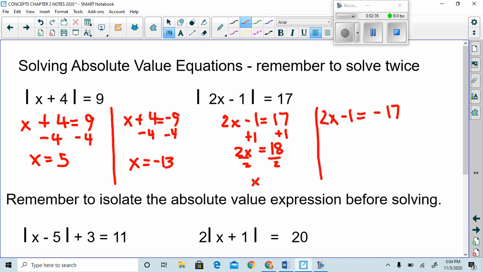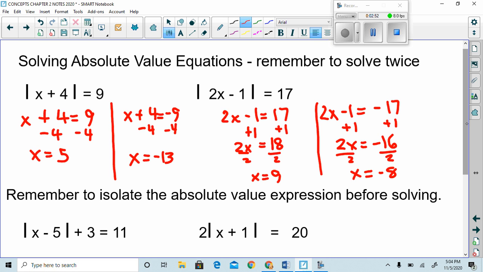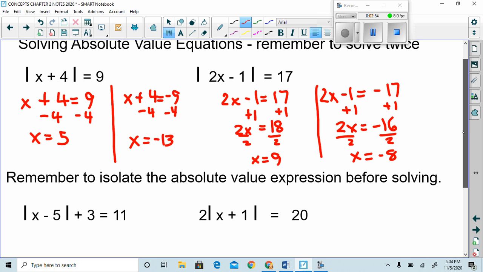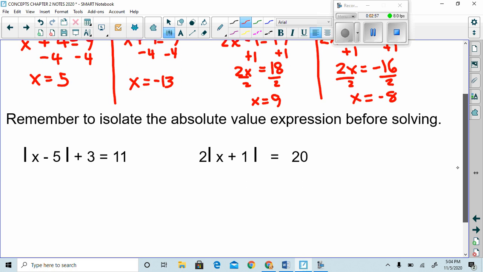And we get x is equal to 9. The second part of this is to add 1 once again. I've got 2x is equal to -16. Divide by 2. Second solution, x is equal to -8. If you take the time to check, both of those will be either the positive or -17, and it'll work.